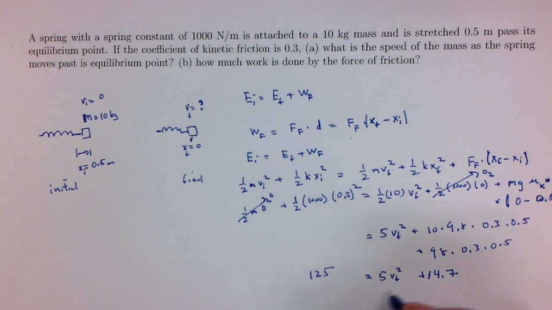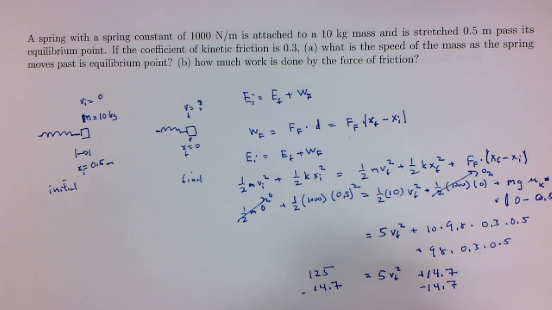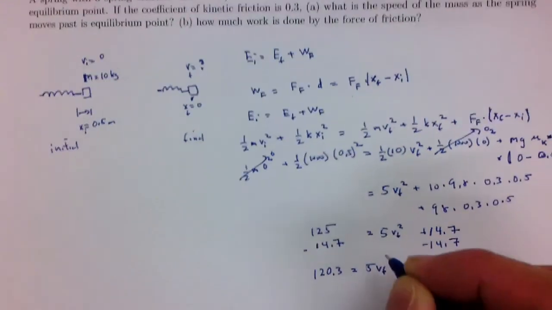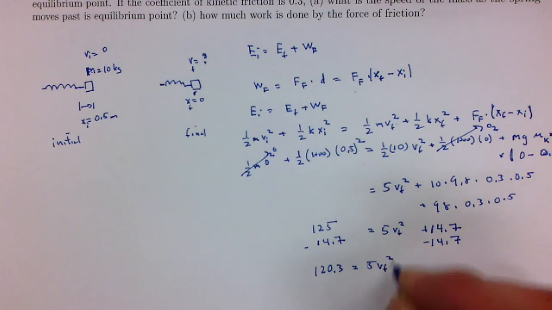And so we can compute what v_f has to be now. Let's subtract 14.7 from both sides. So 120.3 is equal to 5 v_f squared.